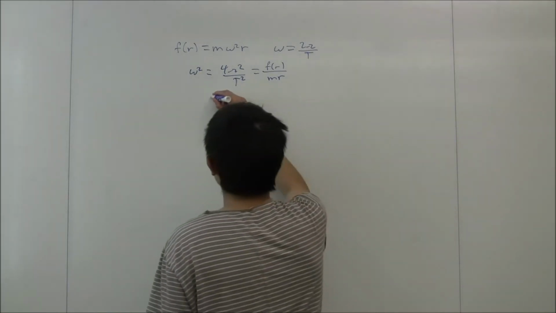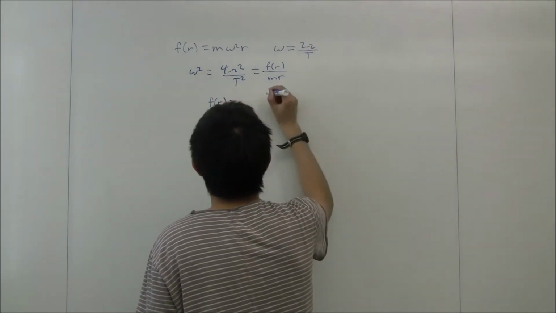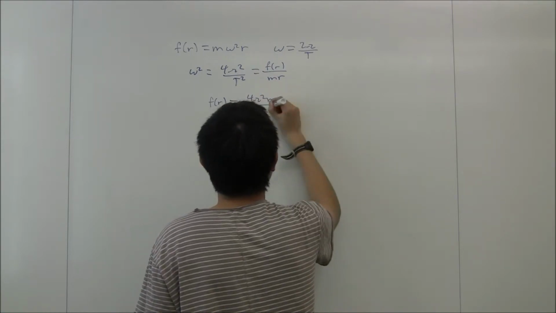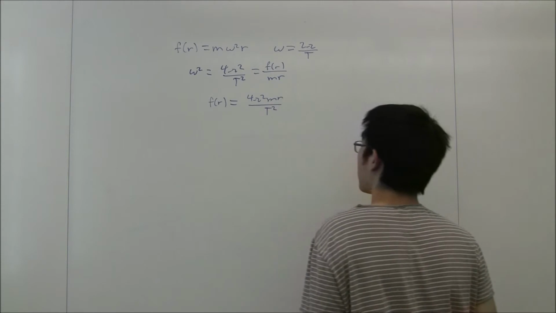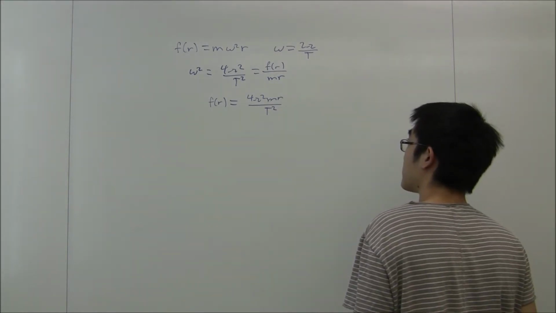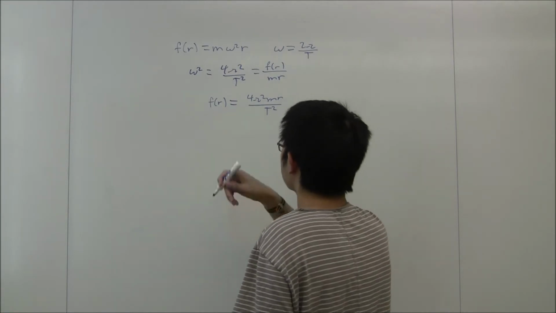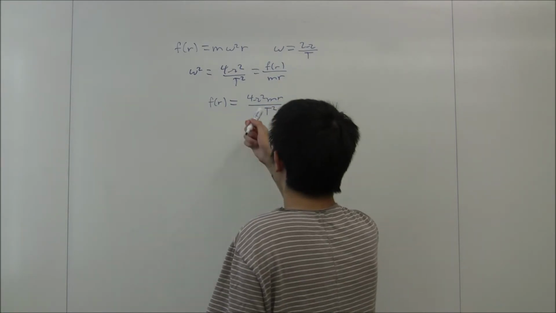Now this means that F of r is equal to 4 pi squared mr over big T squared. So from this equation we see that the radial dependence of the force is given by r over T squared.